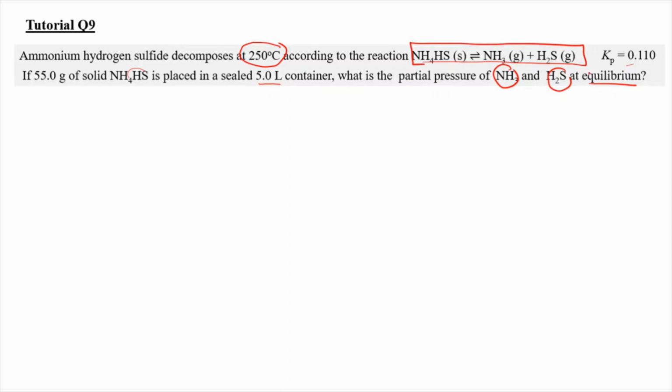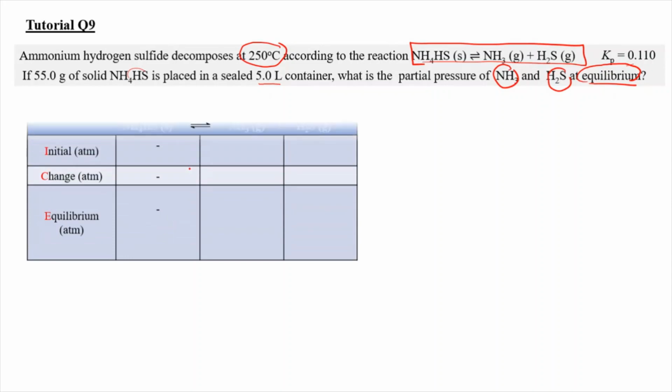Alright, so since we need to find out the partial pressure of the ammonia as well as the hydrogen sulfide at equilibrium, then we need to use the ICE table. So we need to write the equation once again, which is NH4HS converted to NH3 gas as well as the H2S gas.